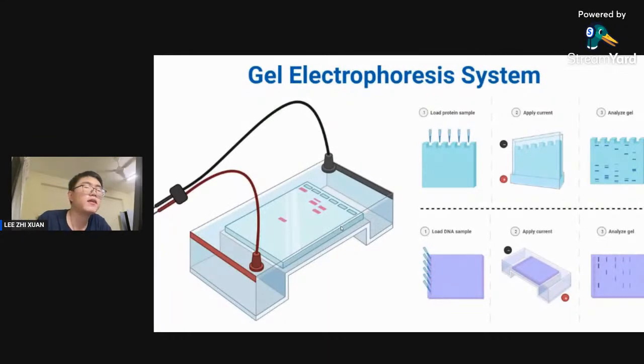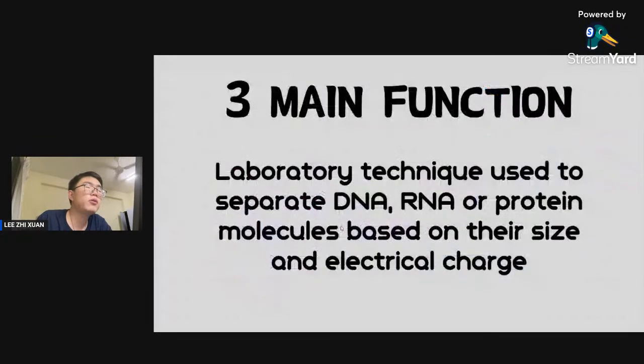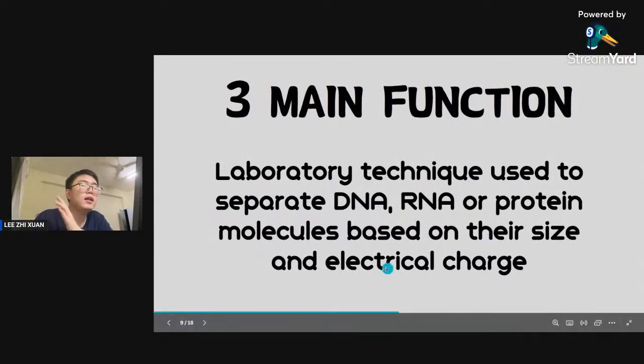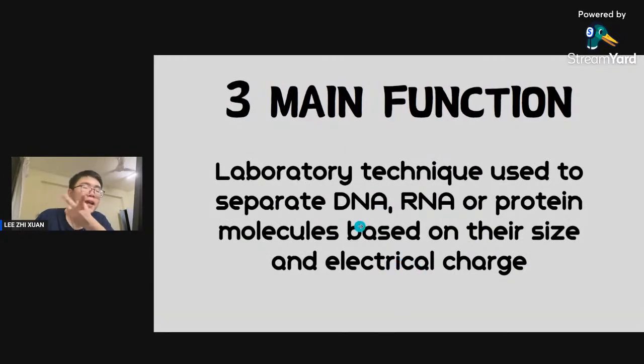Gel electrophoresis has three main functions. The main function is to separate DNA, RNA, and protein molecules based on their size and electrical charge. So the three are DNA, RNA, and protein. It can separate these three molecules.